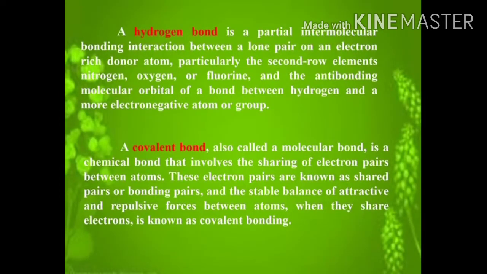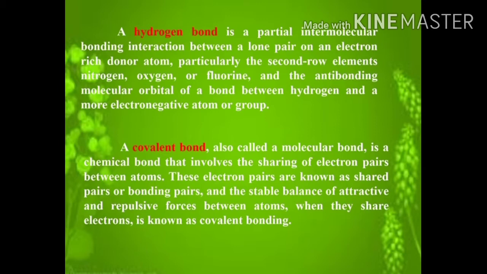First definition, hydrogen bond. A hydrogen bond is a partial intermolecular bonding interaction between a lone pair of an electron-rich donor atom, particularly the second row elements nitrogen, oxygen or fluorine, and the antibonding molecular orbital of a bond between hydrogen and a more electronegative atom or group.